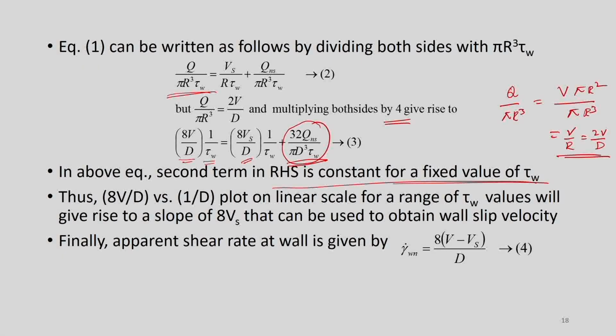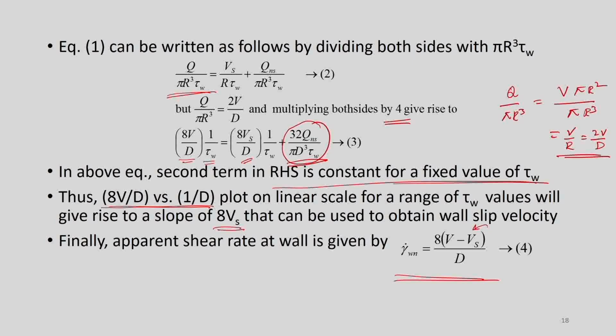Okay. Now, what we can do, we can plot 8V by d versus 1 by d. When we plot 8V by d versus 1 by d, we can have a linear plot having the slope 8Vs. So, from the slope of 8V by d versus 1 by d, you can get the information about the magnitude of this slip velocity Vs. That Vs you should subtract from V to get the apparent shear rate.